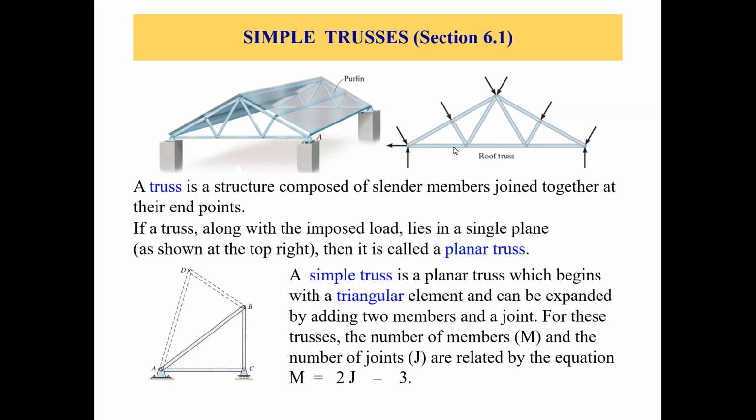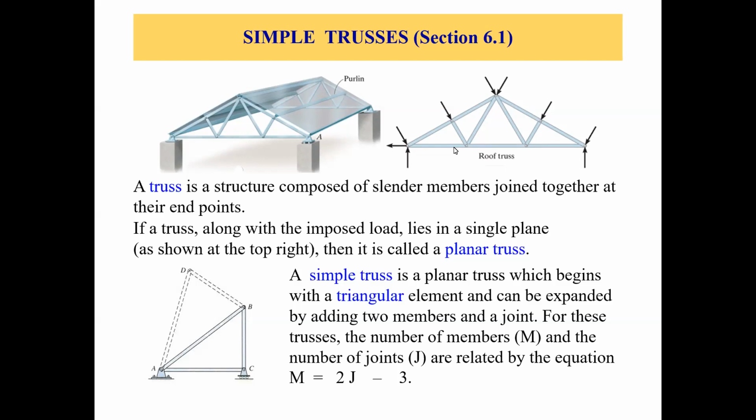Now, on the left bottom, you can see a picture where we have this truss ABC, which has three members, AB, BC, and CA, with two supports at A and C. So this is a triangular element, and this is a simple truss and a planar truss.